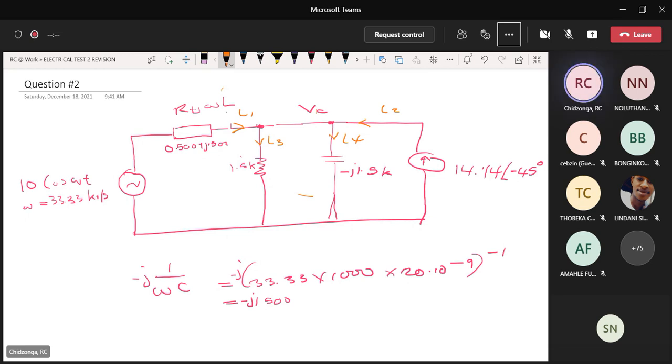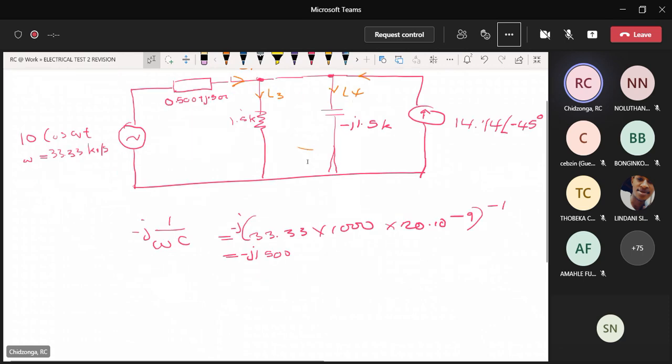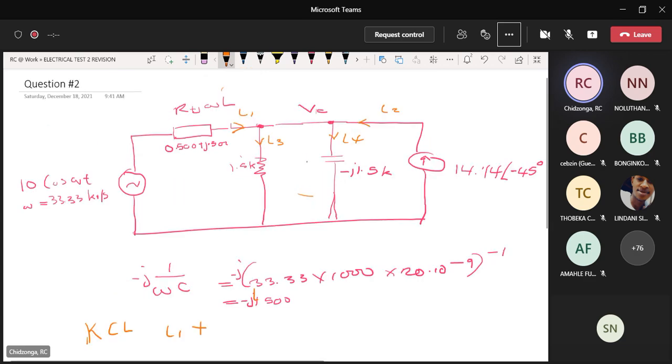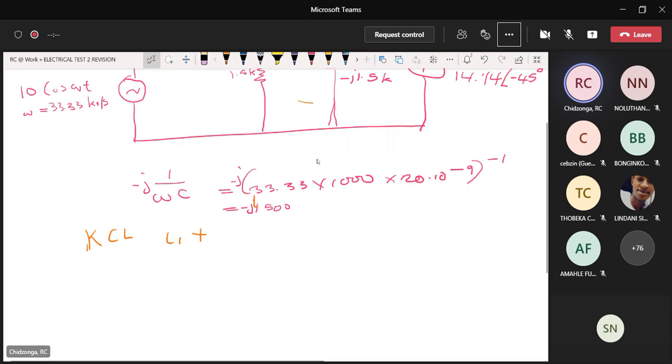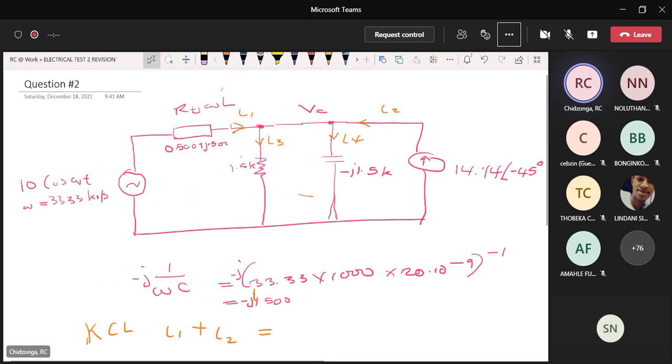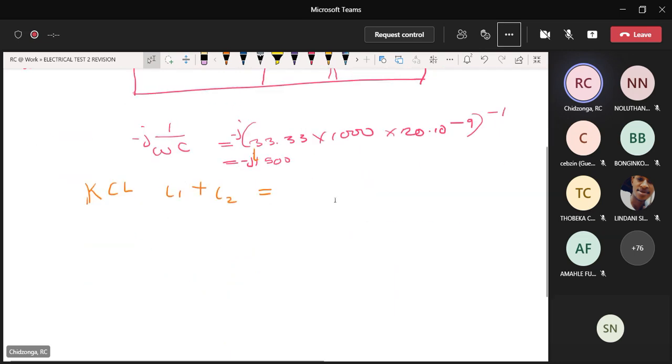So there are 2 inflows and 2 outflows, which means we can write a KCL at the node of concern and say that I1 plus I2, the 2 inflows, which means this current and that current, should give us I3 plus I4.